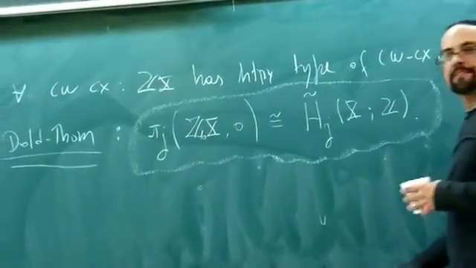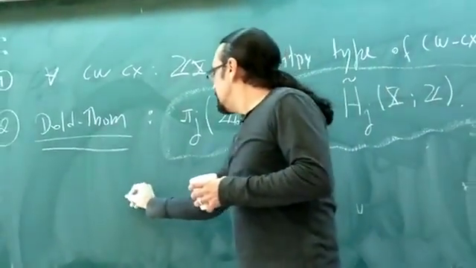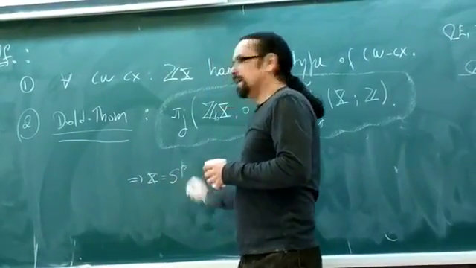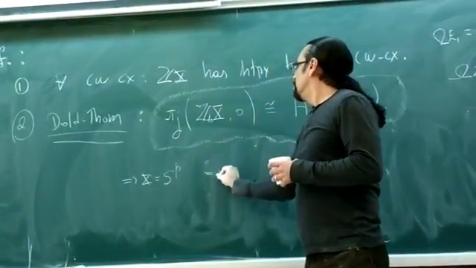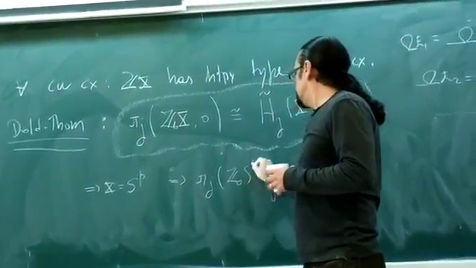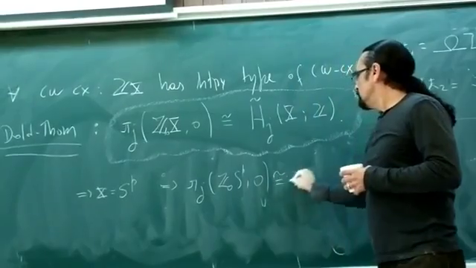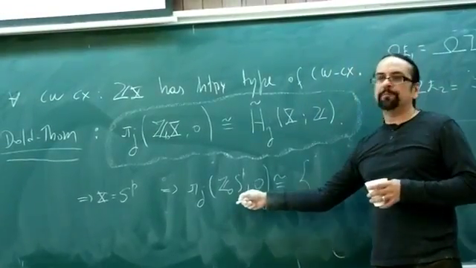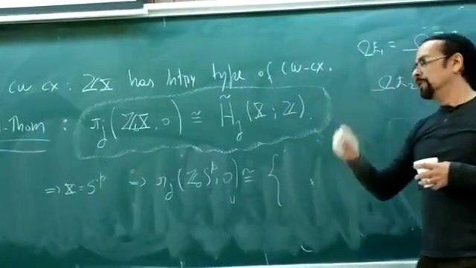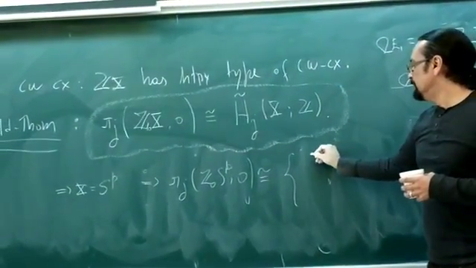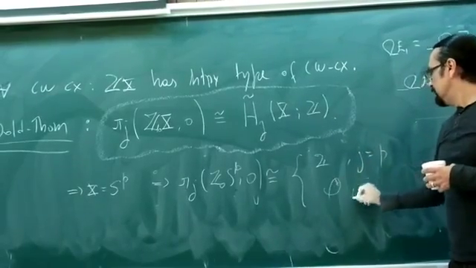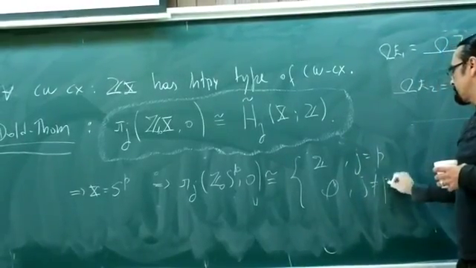And as a consequence, if you take X equal to SP, then pi j of my Z0 of SP, comma 0, is isomorphic to the reduced homology of SP. So it means that it has only one non-trivial homology group, which will be Z when J is equal to P, 0 when J is different from P.